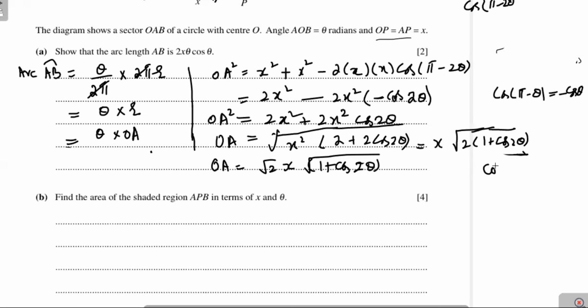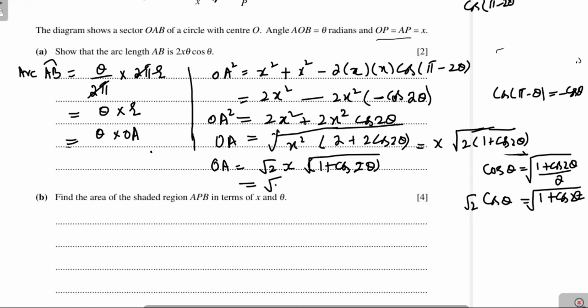Now the half angle formula, you can see from the formula sheet that cos theta equals the square root of 1 plus cos 2 theta over 2. You can write it as root 2 cos theta equals square root of 1 plus cos 2 theta. Now we apply this formula here.